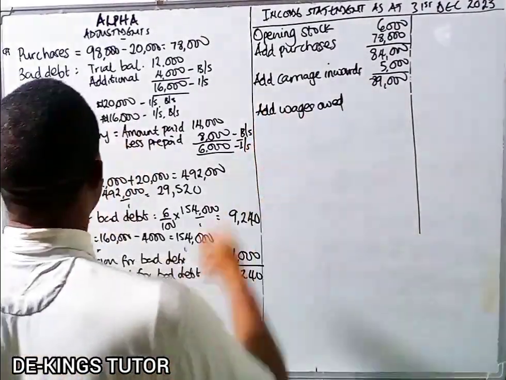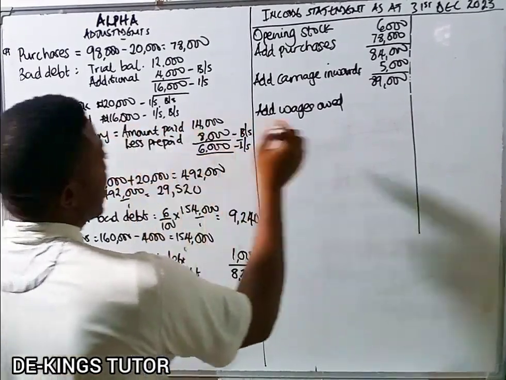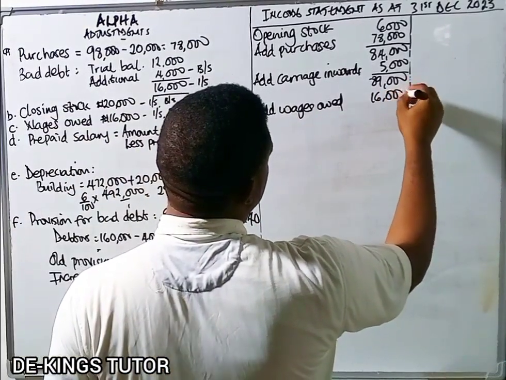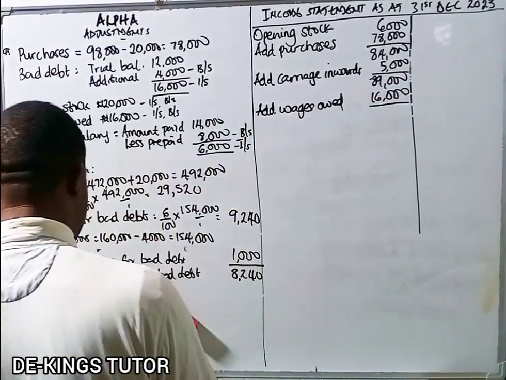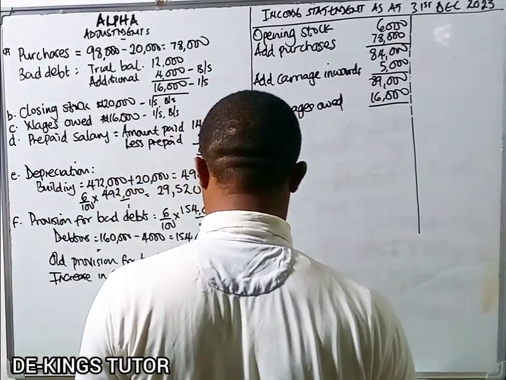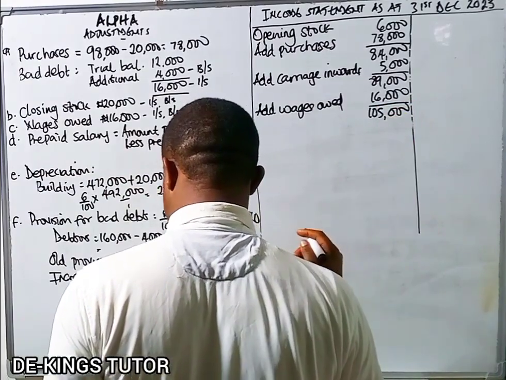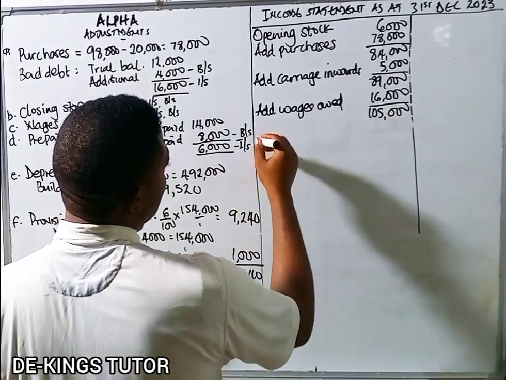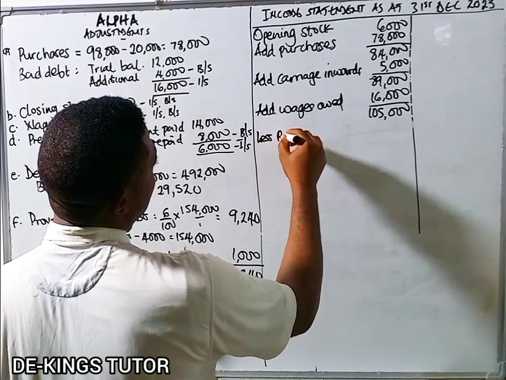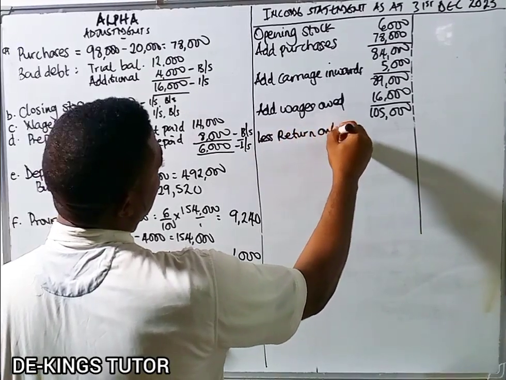So we'll add wages, 16,000 that is owed. So 89,000 plus 16,000 gives us, from our calculator, 105,000.